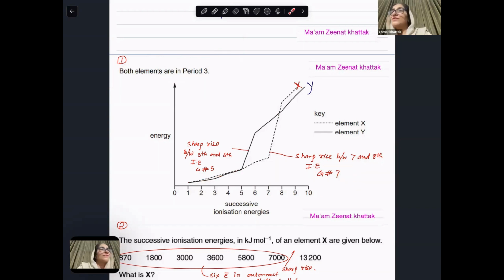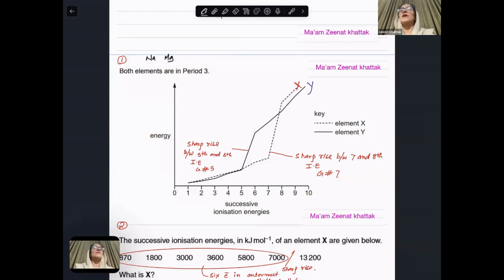And what about this one? The solid line, the Y. Sharp rise after the 5th, because there is a sharp rise between the 5th and 6th ionization. It is group 5 and group 7, period 3.